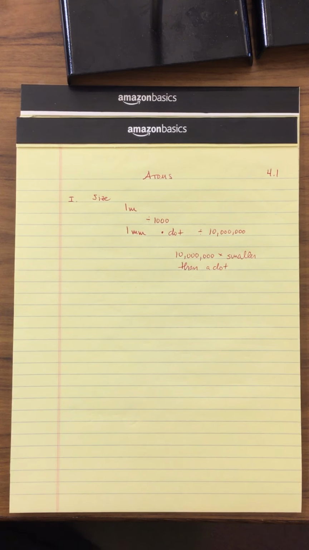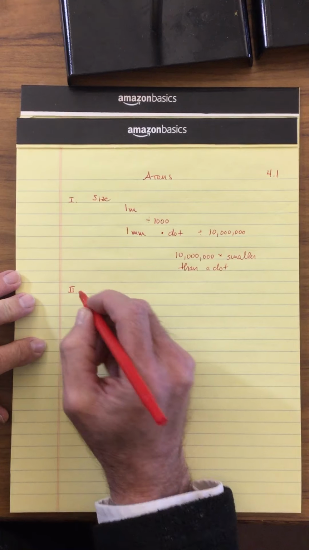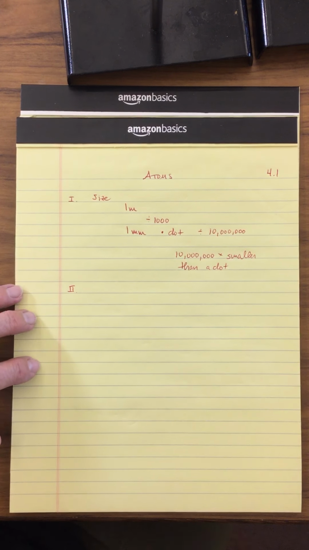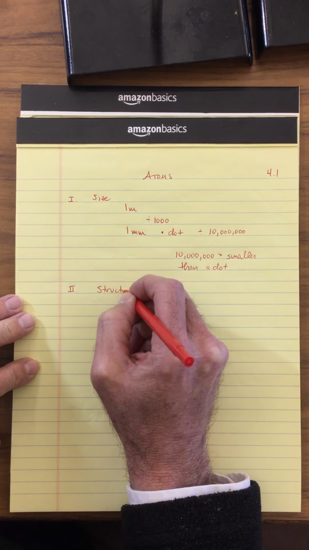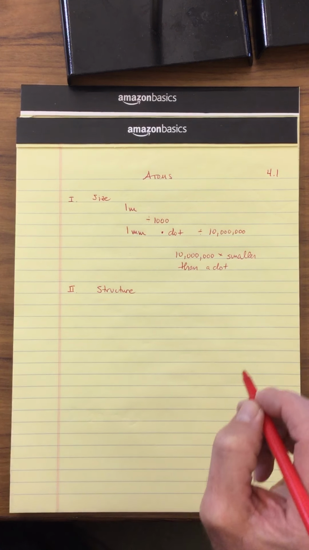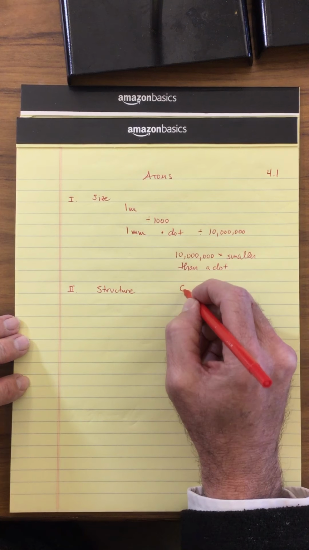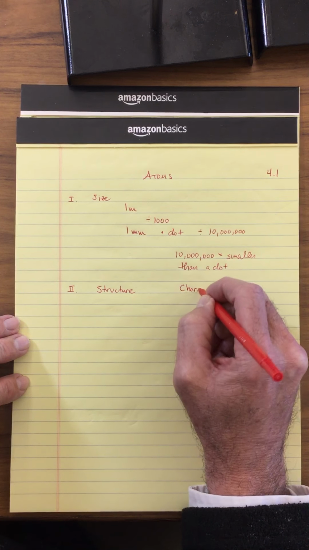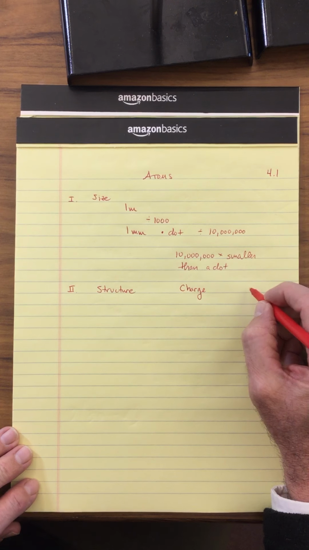We're also going to take a look at the structure of an atom. So that's what this section is going to be looking at. What's on the inside of an atom? And we're going to take a look at not just the structure defined, but also the charge of those things that you find on the inside of an atom, and where do you find them?